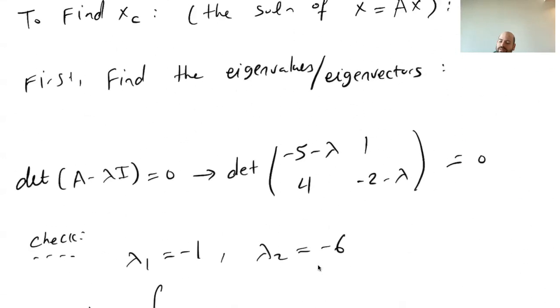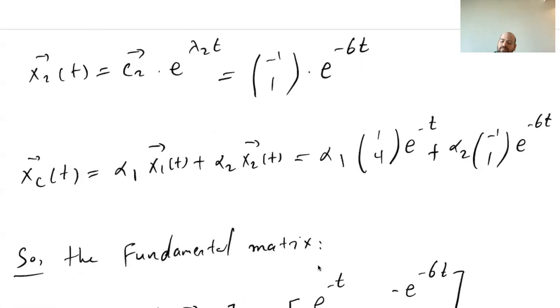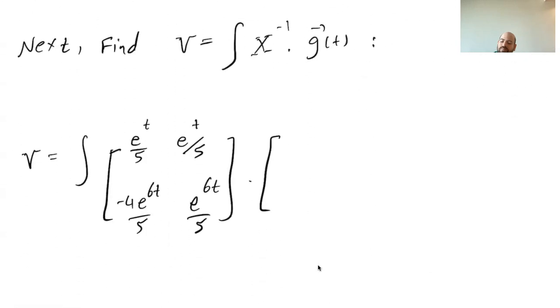What was g of t in our case? Here, this is g of t: 6e to the power 2t and minus e to the power 2t, dt.